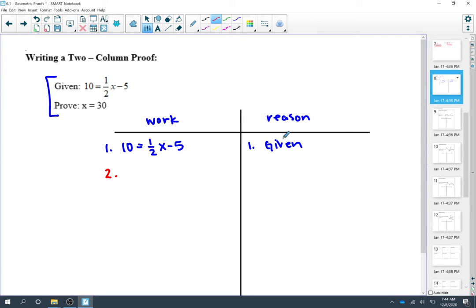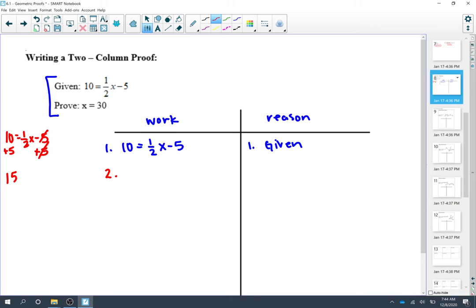Okay, so step two, step one, always the given. Always, every single time. We have to somehow start solving this to get down to x equals 30. My first thought is we're going to add 5 to both sides. Now, if you need to work this out, then you go over here to the side and you write down 10 equals 1/2 x minus 5, and you put plus 5 plus 5. That's going to go away.